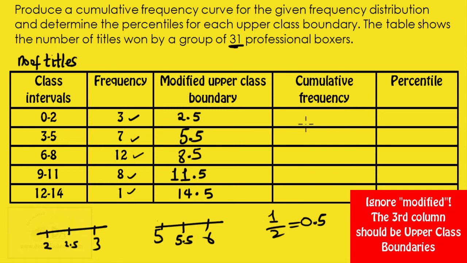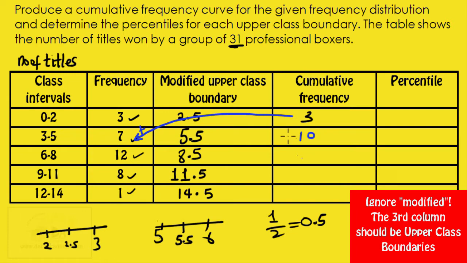We need the cumulative frequencies, and once we have that, we can plot the cumulative frequency against the upper class boundaries, the modified ones, to obtain our cumulative frequency curve. So as at this upper class boundary, the cumulative frequency is going to be the frequency here, which is 3. Cumulative frequency as at the next upper class boundary is going to be 3 plus 7, which gives 10.